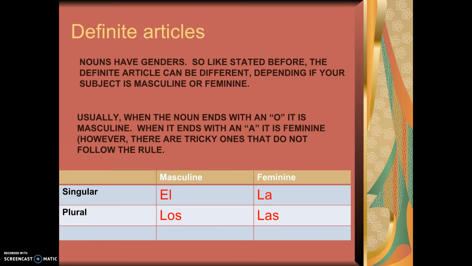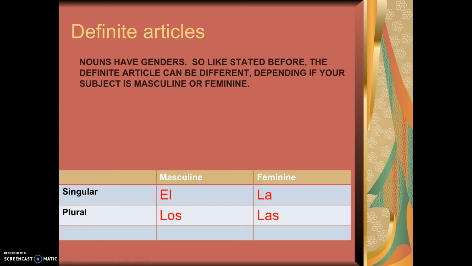So for words that are singular and masculine, it's going to be el. Words that are singular and feminine, it's going to be la. Those are two different ways of saying the, el or la. If something is plural and masculine, it'll be los, and feminine, it'll be las.